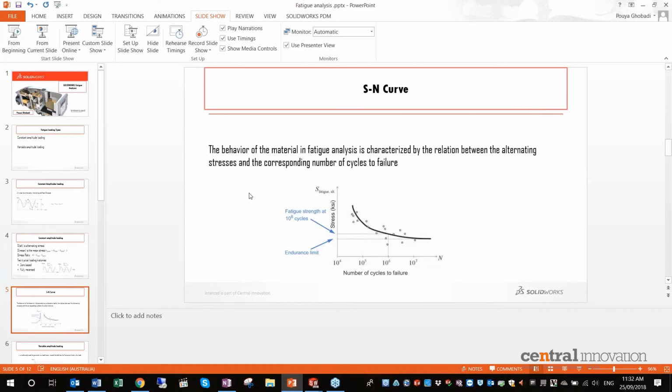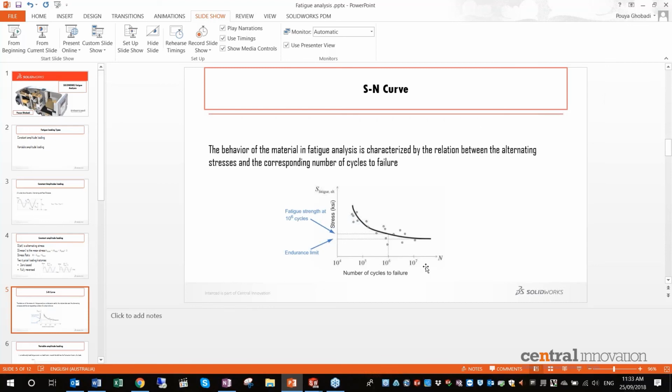The SN curve is a very important part of the fatigue analysis. You have to know the SN curve for the material that you use for the fatigue analysis, basically. The SN curve is going to give you the information about at what number of cycles, what fatigue stress is going to cause the fatigue.